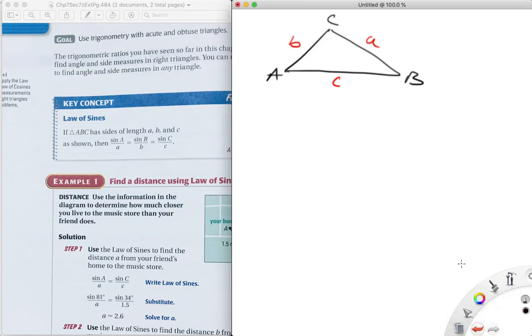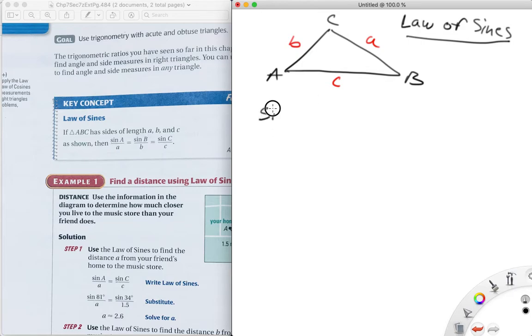The law of sines says that the extended proportion of the sine of the angle over the opposite side of each of the three sides are proportional.